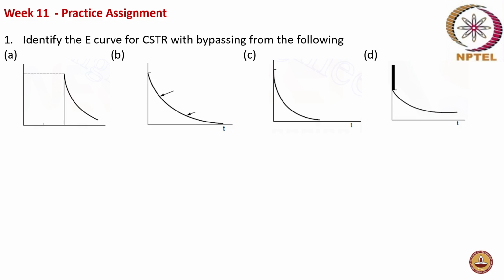If we look into curve A, we can find a curve with an exponential decay starting after a certain time t. In the second curve, there is an exponential decay which starts from time t equal to 0. In curve C, there is an exponential decay which takes a very long time for a complete decay.